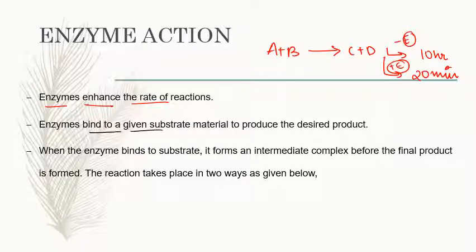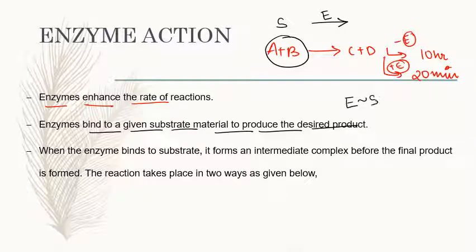Enzyme binds to a given substrate material to produce the desired product. If this compound I am considering as S, and this is the enzyme, what will the enzyme do? Enzyme will form a bond with substrate, resulting in the formation of ES complex, and this ES complex will change to product later on, right?